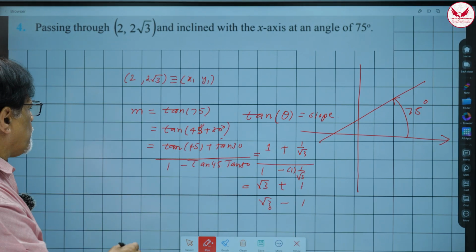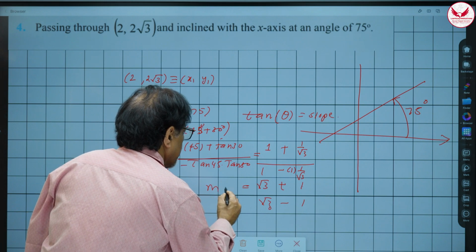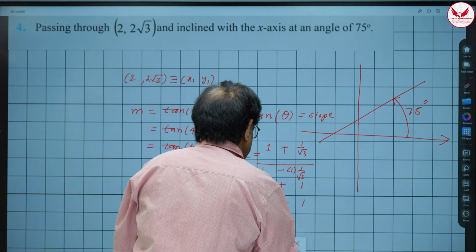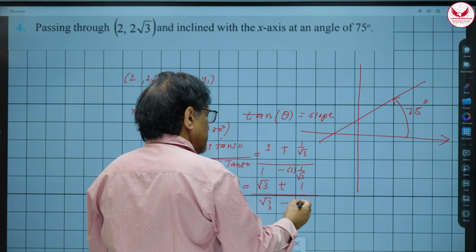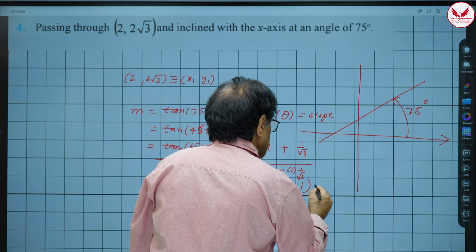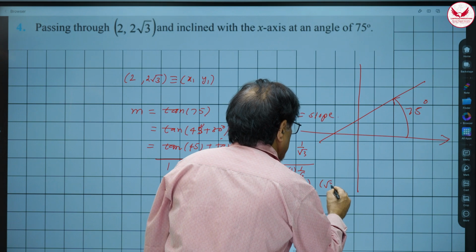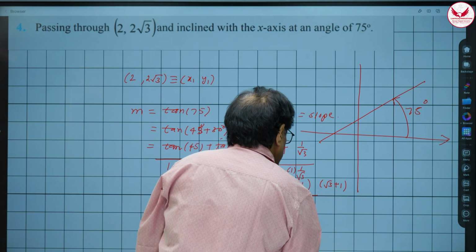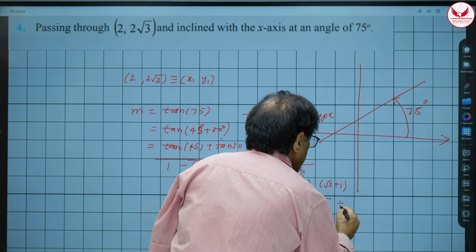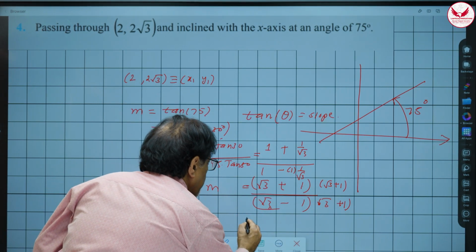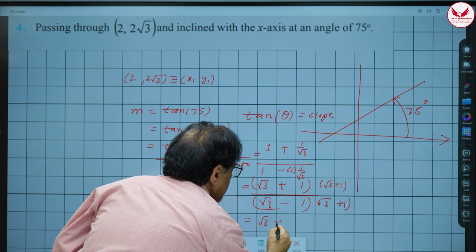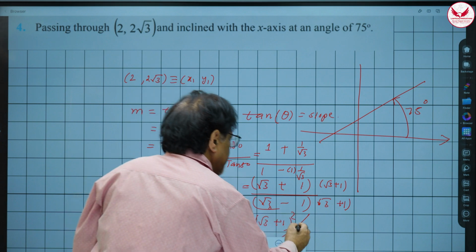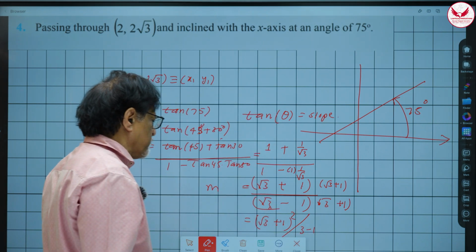So this is the slope of the line, okay? Now in case if you want to simplify it slightly, you can rationalize this expression, how? Just multiply and divide by root 3 plus 1. So if you do that, then numerator becomes root 3 plus 1 whole square and divided by 3 minus 1 because it is a square minus b square, okay?